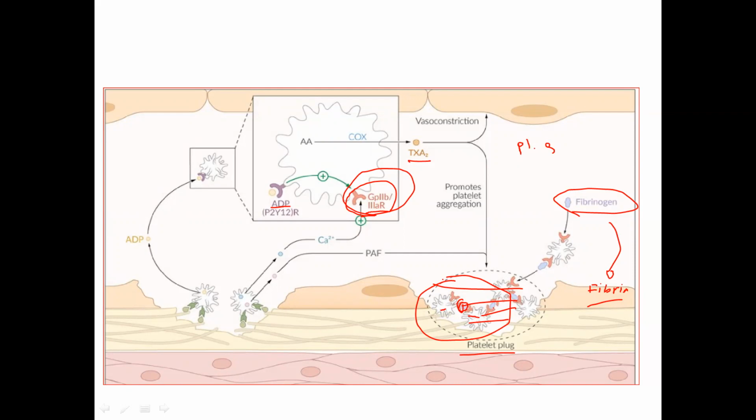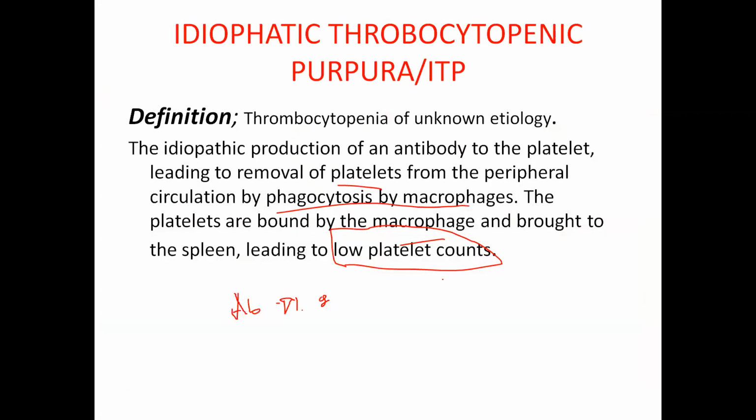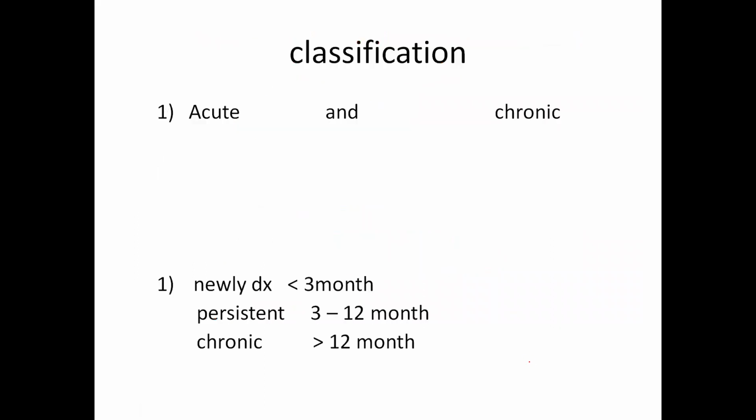Without it there is no platelet aggregation and no platelet plug, so platelet function is affected. Then the macrophages in the spleen will phagocytose these platelets, which causes low platelets, and that is why we use the term thrombocytopenia for this disorder, idiopathic thrombocytopenic purpura.